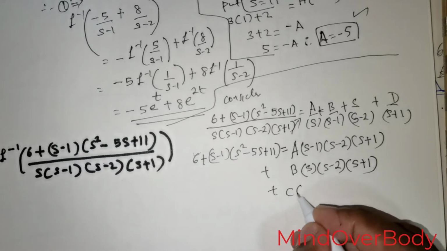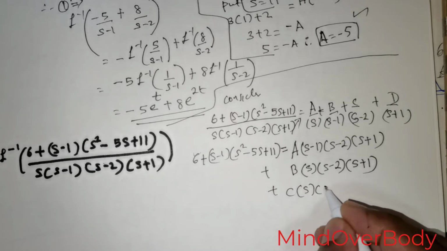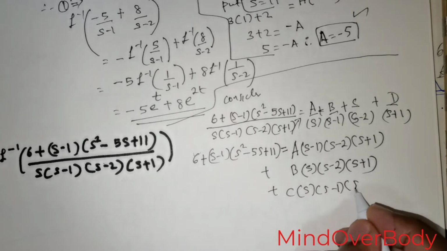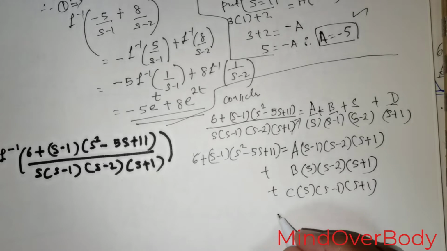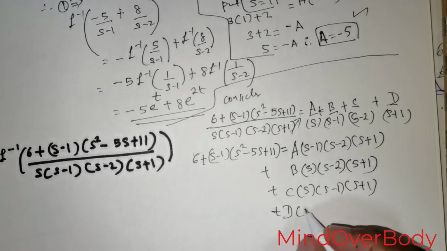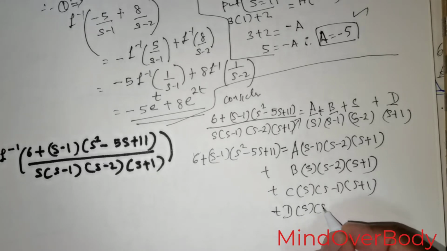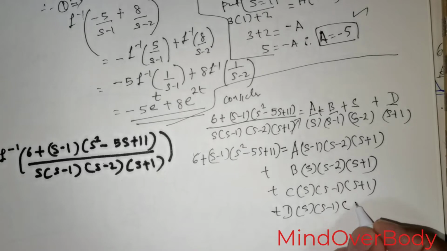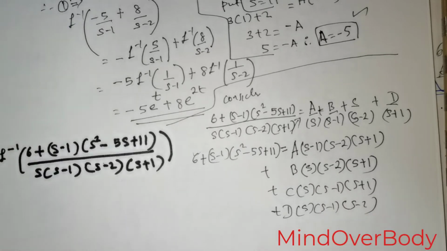Then for C I will have s, then (s - 1) and (s + 1), followed by for my D, I will have s times (s - 1) and (s - 2).